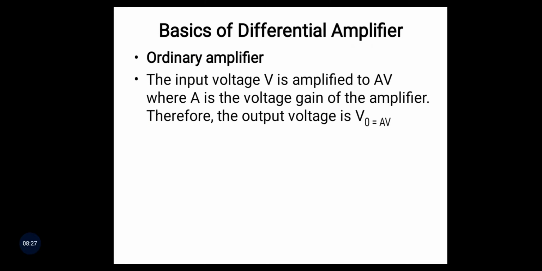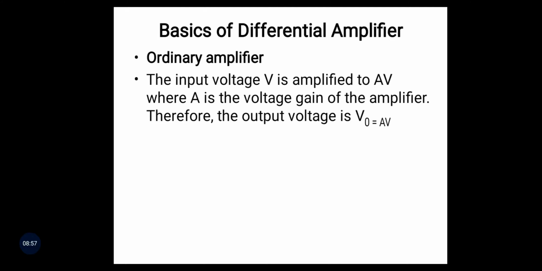Next, we go to the basics of differential amplifier. In an ordinary amplifier, the input voltage V is amplified to AV, where A is the voltage gain of the amplifier. Therefore, the output voltage is V0 equal to AV. An amplifier takes the input in voltage or current form.